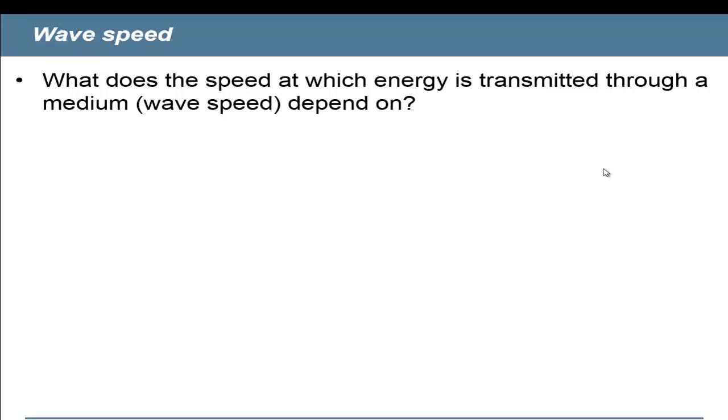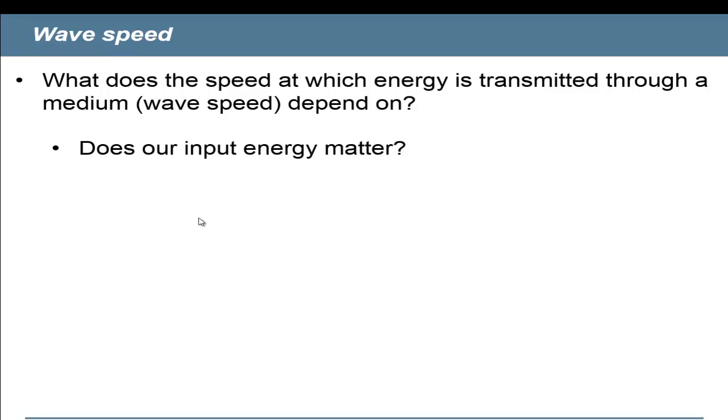So when we talk about wave speed, what does the speed at which energy is transmitted through a medium depend on? And this is the same thing as the wave speed, right? Wave speed is the speed at which the energy is transmitted through some medium. So what sort of things does that depend on? Does it depend on our input energy?